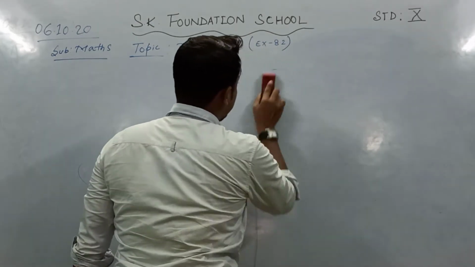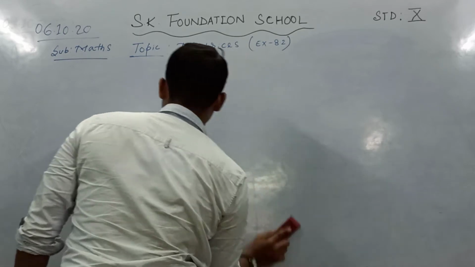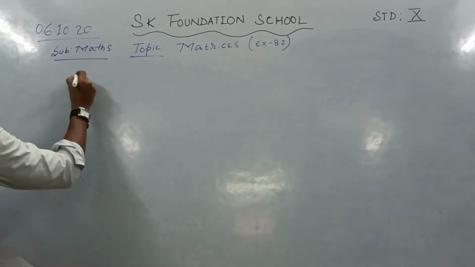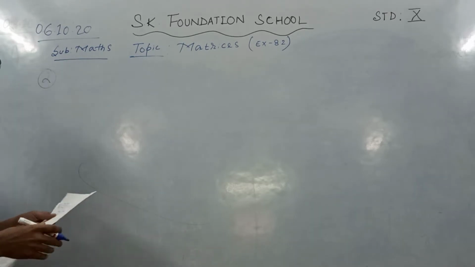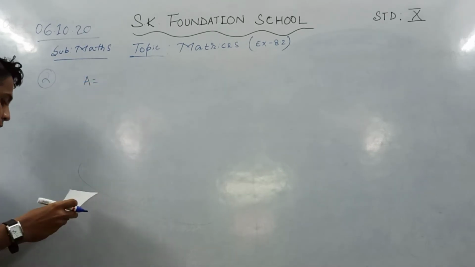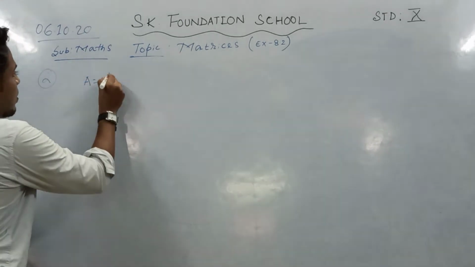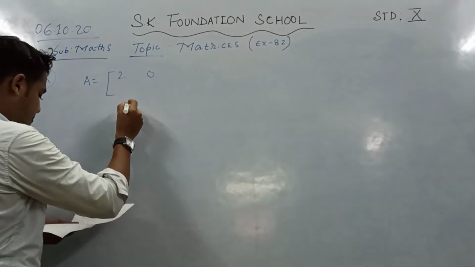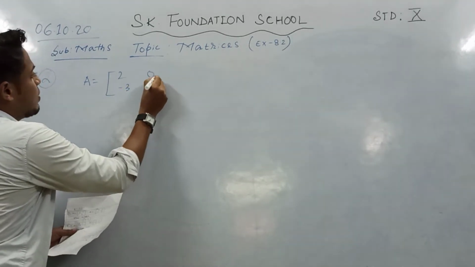Now come to example number 2. A matrix equals 2, 0, minus 3, 1.